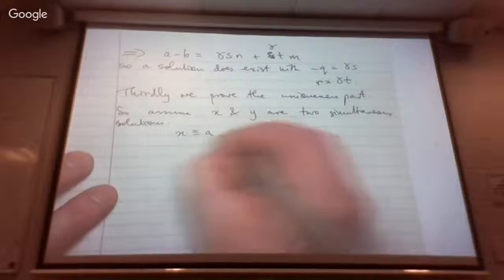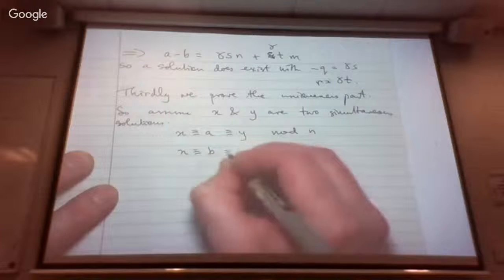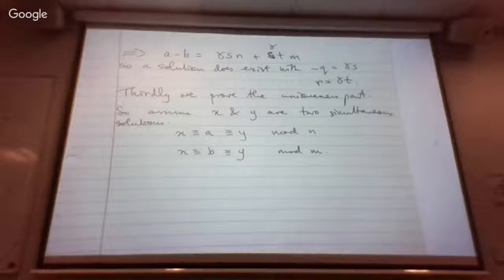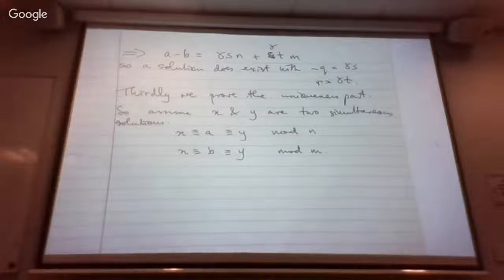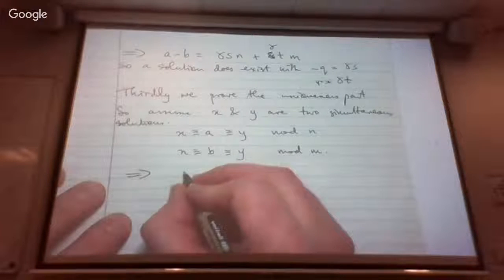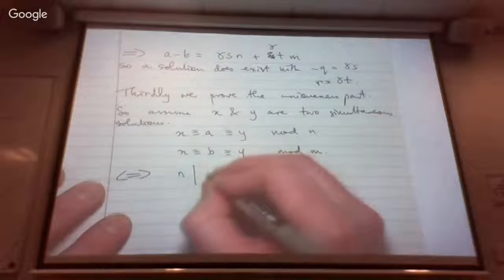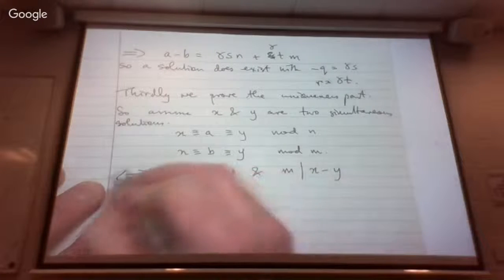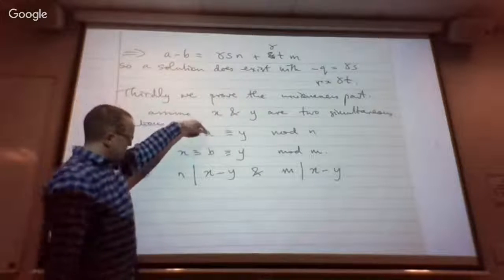So X is congruent to A, and this is congruent to Y modulo N. And X is congruent to B, and Y is also congruent to B modulo M. So X and Y are two simultaneous solutions to these two congruences. That's true if and only if X and Y are congruent modulo N, so N divides X minus Y, and M divides X minus Y. I won't say equivalent because they have to be specifically congruent to A and B.